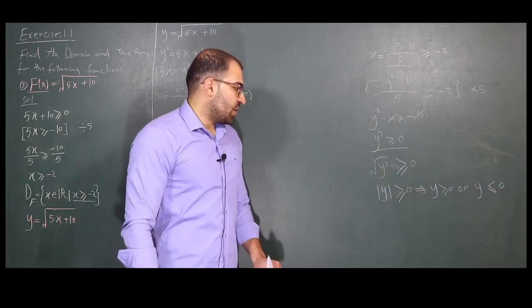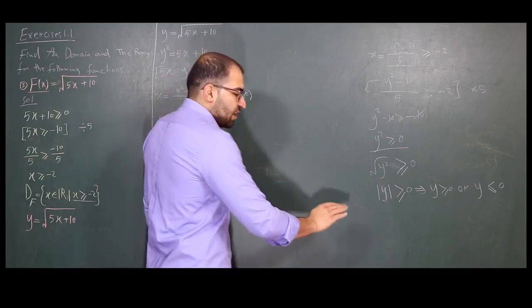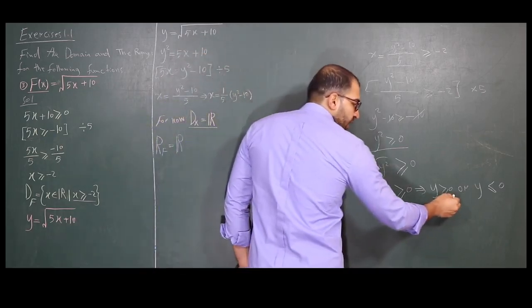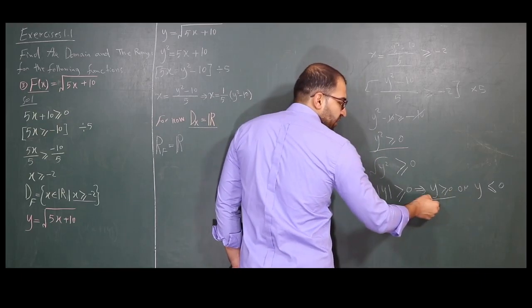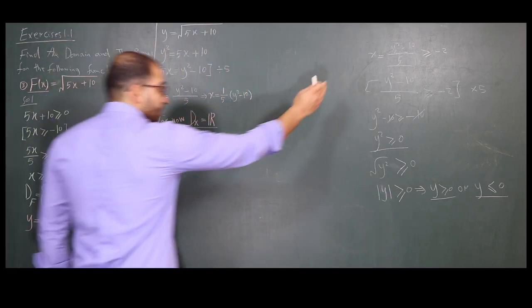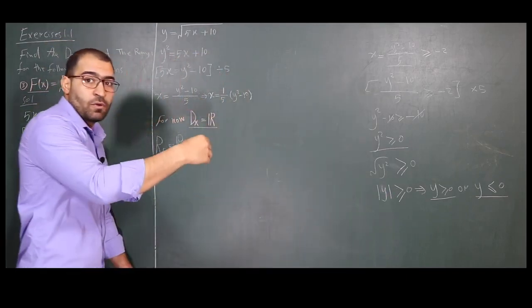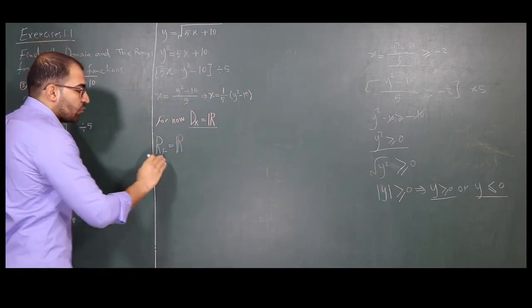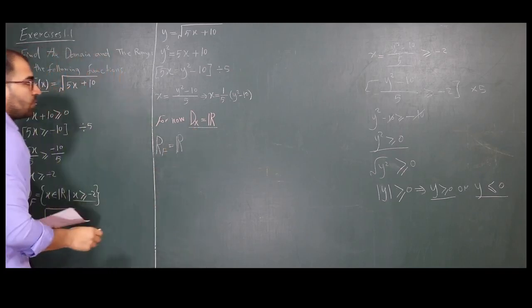You need to just understand this: that means y could be positive and 0, and could be negative and 0. This is the approach that we can follow, and we have another approach we can follow.